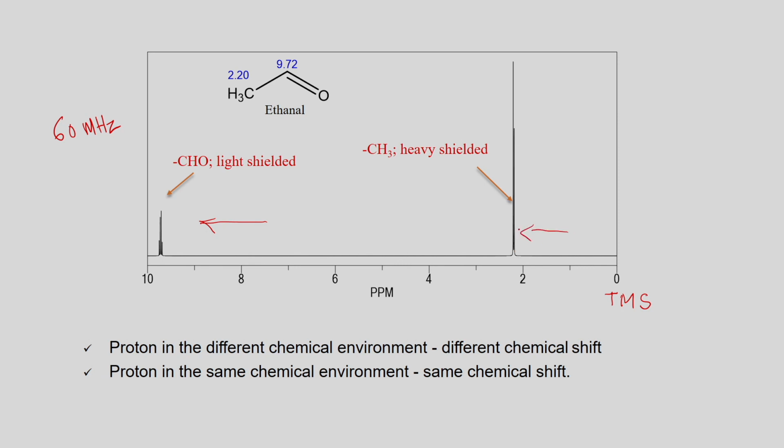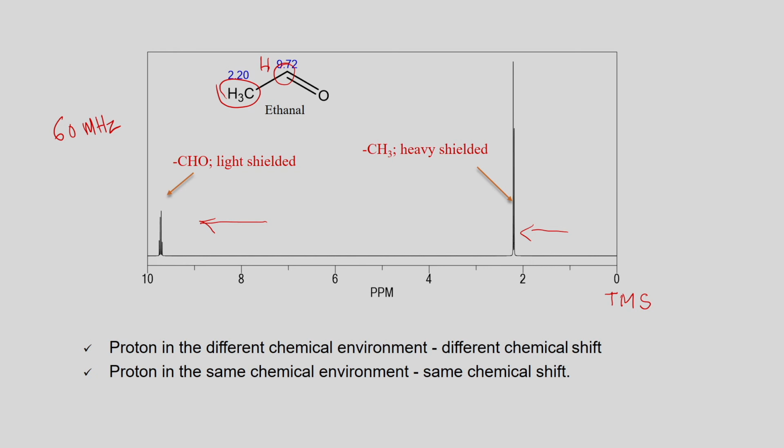Now, see these two different attachments. You have the methyl group and you have the CH group. So, this is a hydrogen here. Because of the electronegative oxygen atom, the hydrogen's electrons are attracted more toward the oxygen.